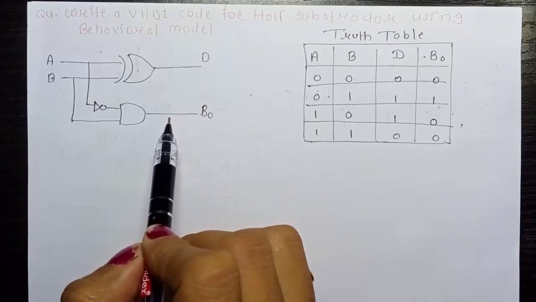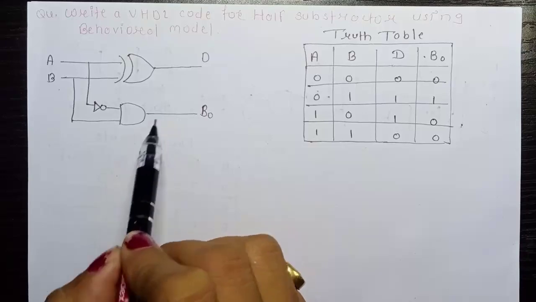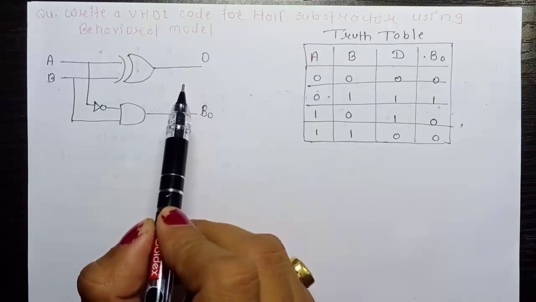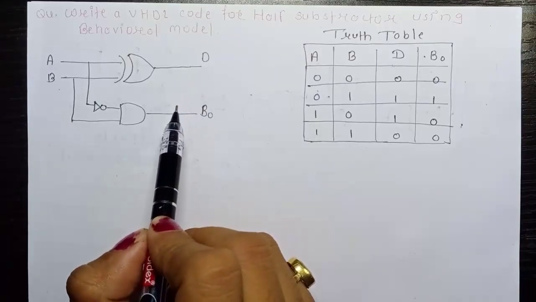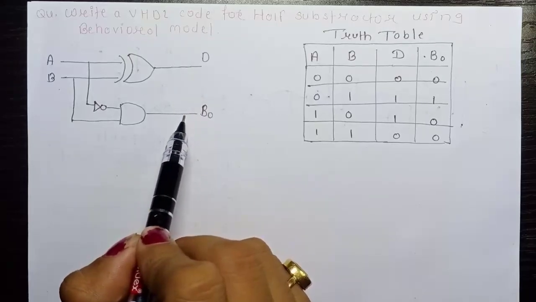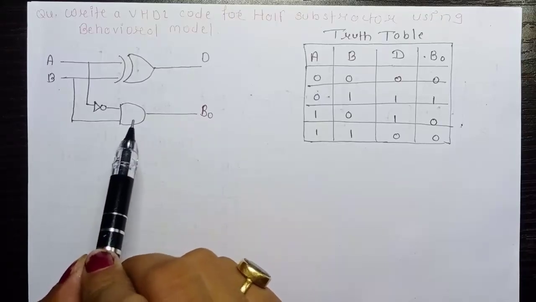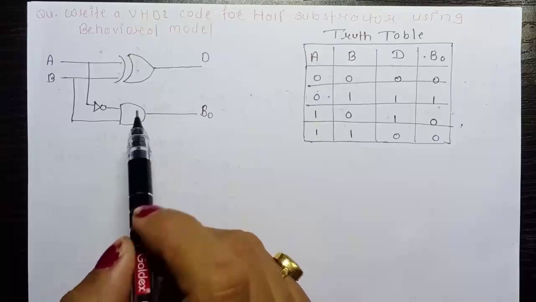We know that when we subtract two binary numbers, sometimes we get a borrow. That's why we need to consider borrow as an output for any subtractor. So to design this functionality as a logic circuit, we need to consider the truth table.